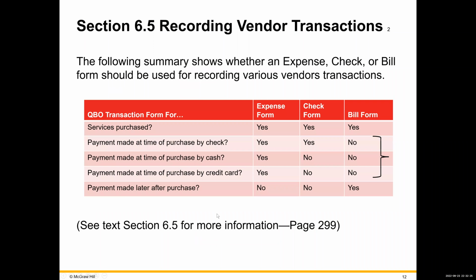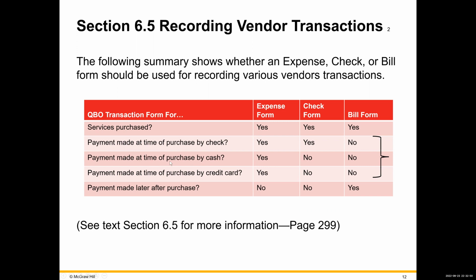Now, you can see this schedule or this table on page 299. Notice that the bill form, you don't use it if payment is made at the time of purchase, right? Look at this. Payment made at time of purchase by check. Nope, because it's time of purchase. Payment made at time of purchase, cash.